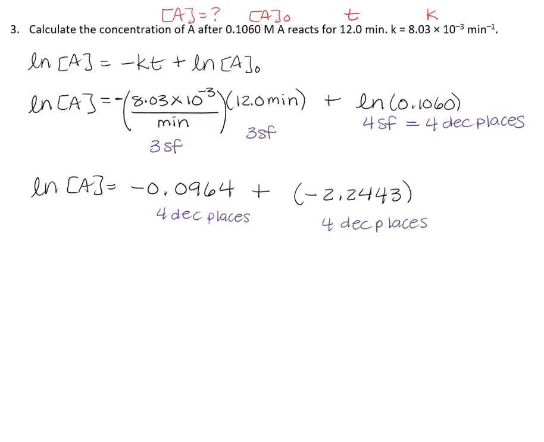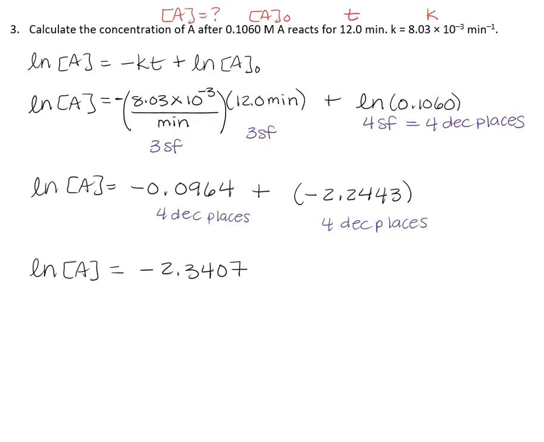Because each value has 4 decimal places, when we do the calculation, we will want to end up with 4 decimal places. Doing the math, we have negative 0.0964 plus a negative 2.2443, and to 4 decimal places, that gives us a negative 2.3407. Be really careful about negative signs when you're dealing with these types of problems. It's easy to lose one along the way.